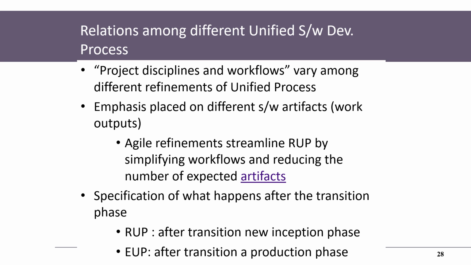Agile refinements streamline RUP by simplifying workflows and reducing the number of expected artifacts. The artifacts that will be produced will be very useful. People don't want to think about these things. The templates are available. If they want to write the requirement specification, the template is there.